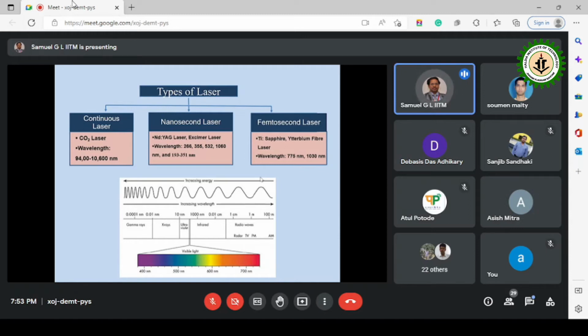Here it is not a meter, it is 10 to the power of minus 15 seconds. Femtosecond. That means we can imagine that when 1 second is divided into 10 to the power of 15 parts, that small part of the second is called femto.